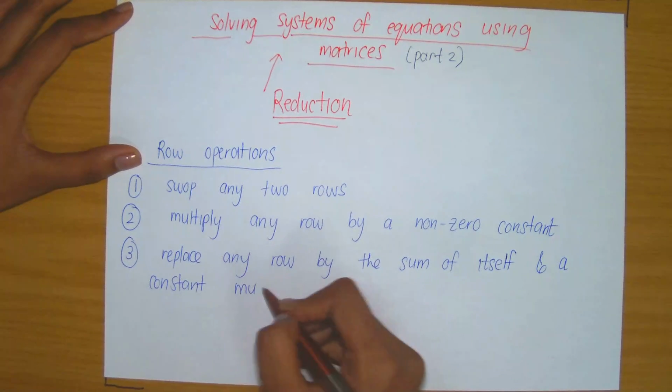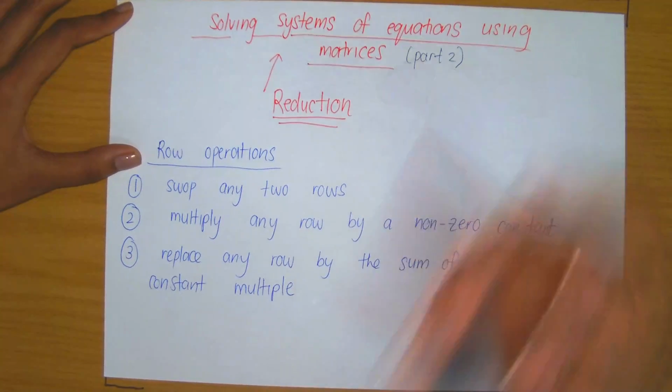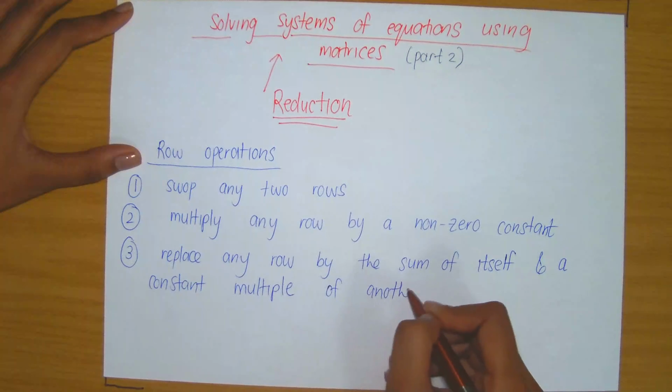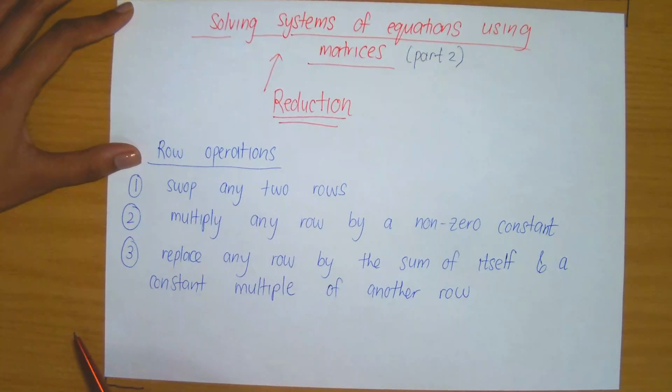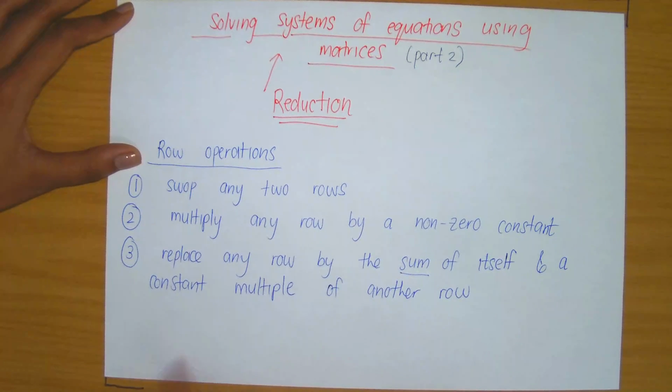Right, so keep these rules in mind. These rules are fundamental in the method of reduction. Just to repeat, swap any 2 rows, multiply any row by a non-zero constant, and replace any row by the sum of itself and a constant multiple of another row.